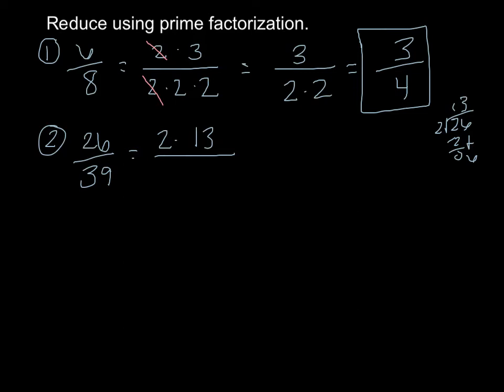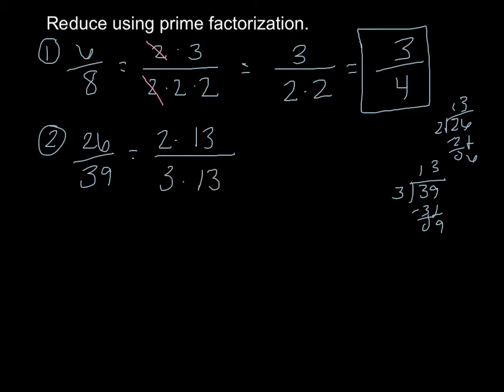Okay, for 39, we can use my divisibility rule. I can add up all the digits and see if that number is divisible by 3. So 9 plus 3 is 12. 12 is divisible by 3, so that means I can divide it by 3. 39 divided by 3, I would get 1. 3 goes into 9 3 times, so I would get 3 times 13.